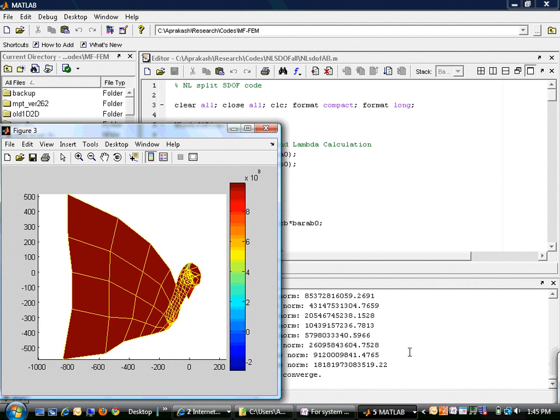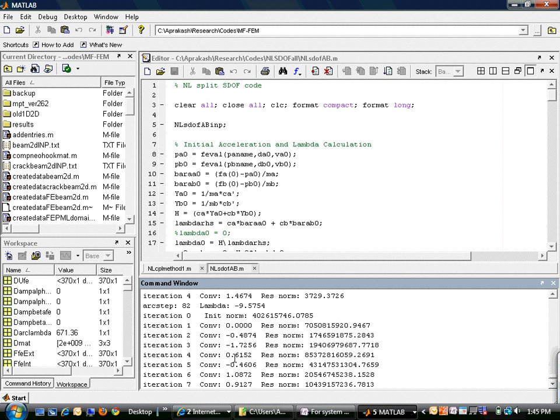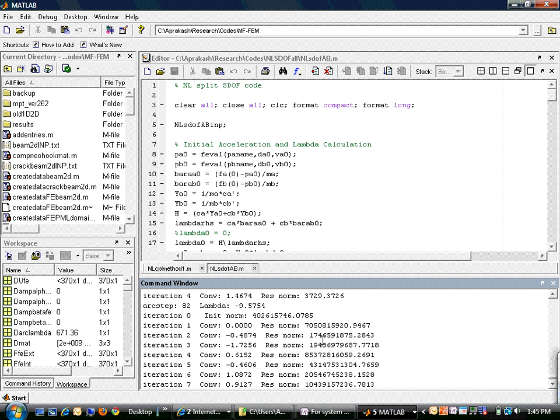So you can see now that at the 82nd step, in this problem I had defined that this should take 100 steps, but at the 82nd step, it did 10 iterations, and the residual did not converge.